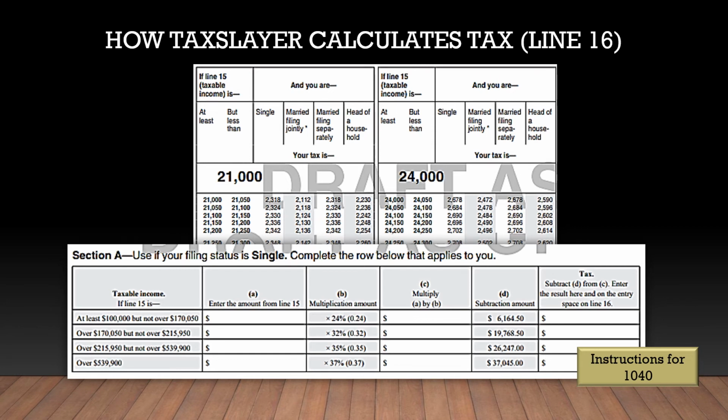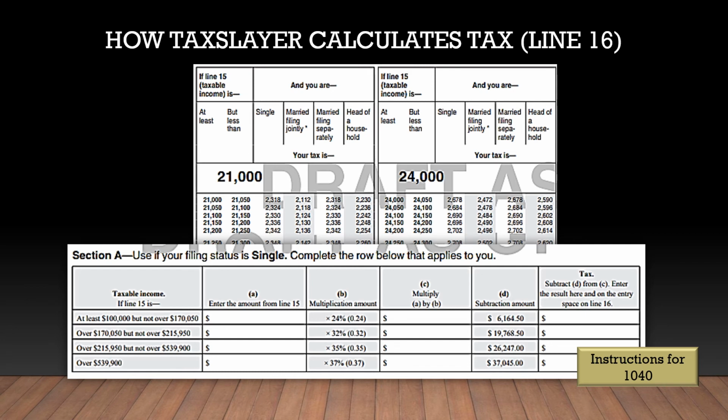But I just kind of want to make you aware of how it comes up with its calculations and kind of where the information comes from when you look at the IRS publications. So in the instructions for the 1040, and you'll probably notice our watermark again, these are from the draft publications for now.